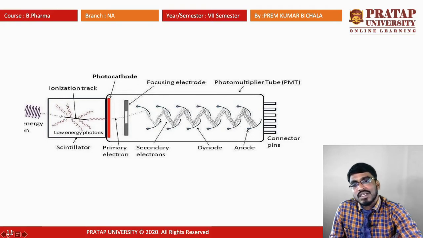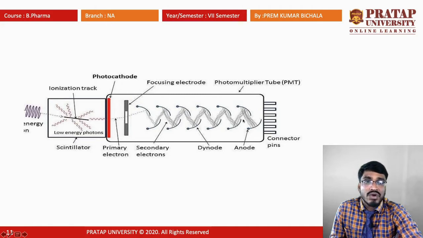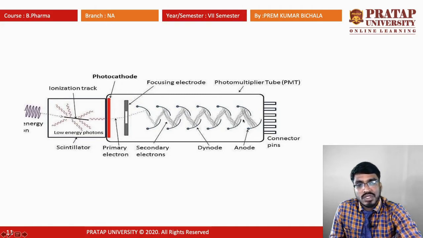These secondary electrons get multiplied to reach the anode, where we have connector anodes. From this, the sample gets converted into electrical signals, and the readout device measures the spectrum of the desired compounds.